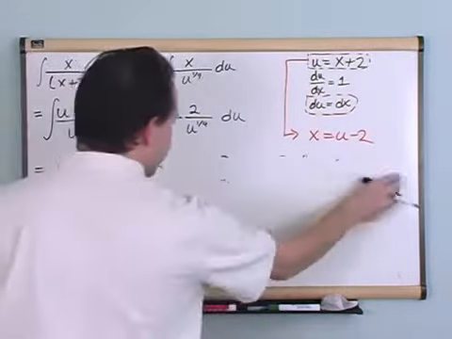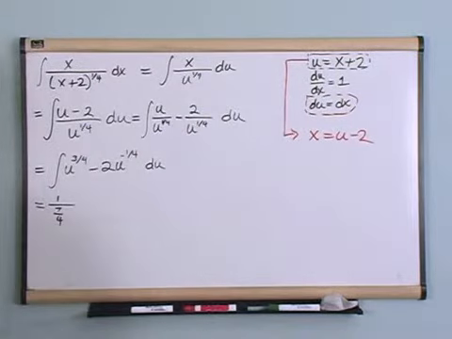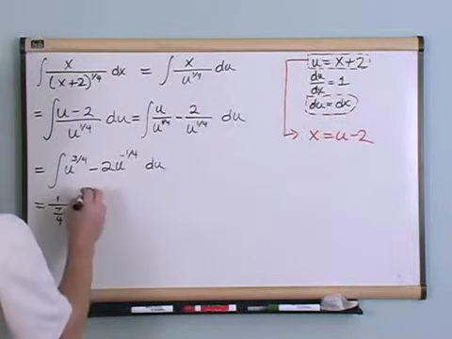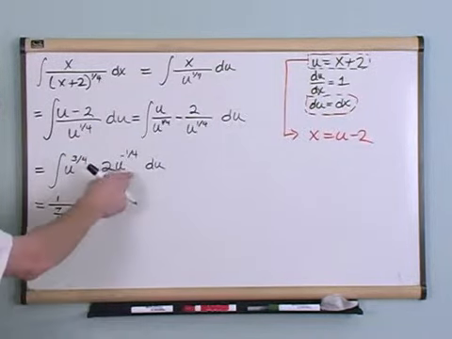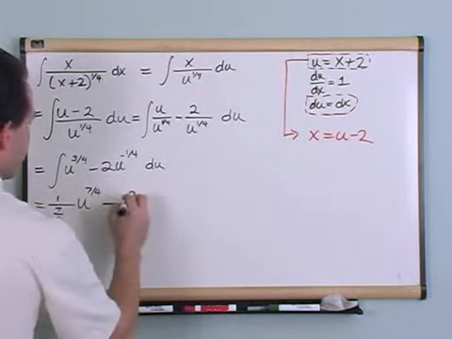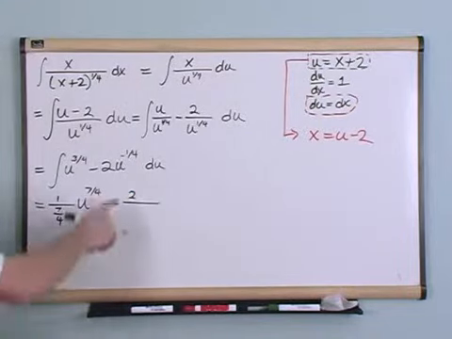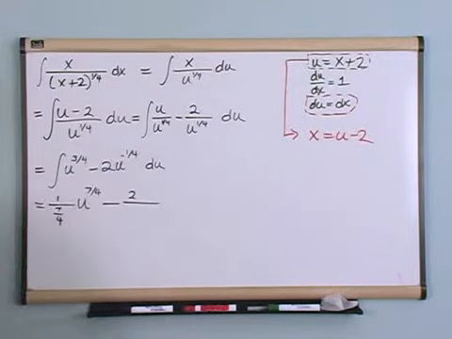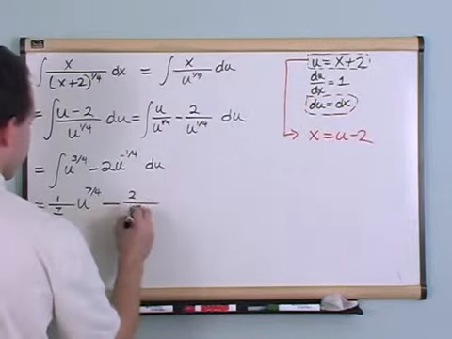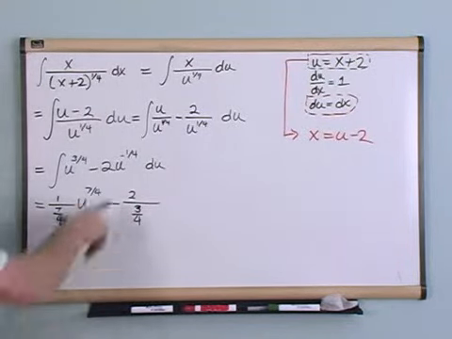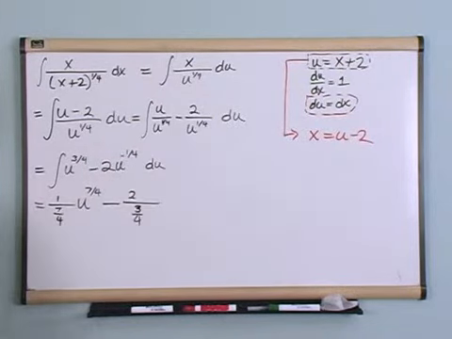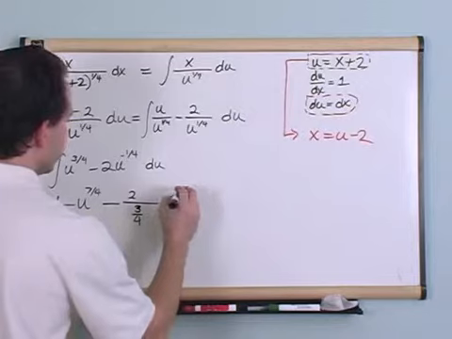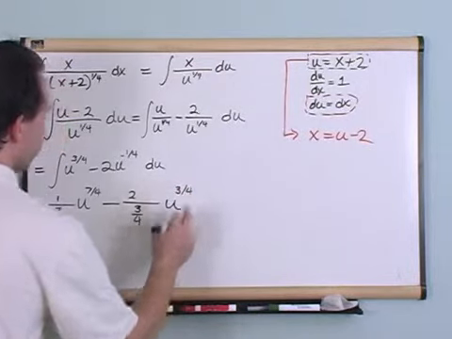So I have a 7/4 there, times u to the same thing, 7/4, because of this plus 1, minus, we've got to integrate this, 2 over 1 plus a negative 1/4 is just a positive 3/4, right? If I take this negative 1/4 and add 1 to it, I'm just going to get a positive 3/4 times u, again, to the positive 3/4.